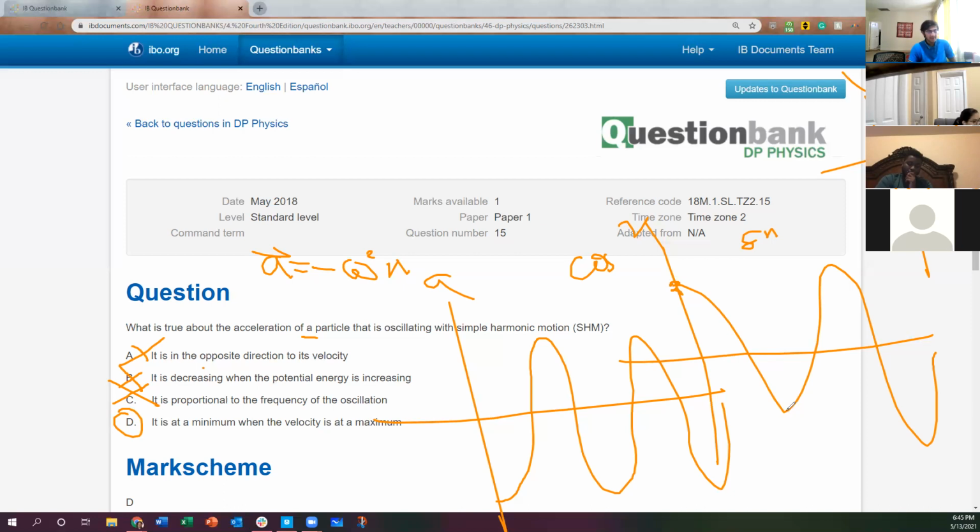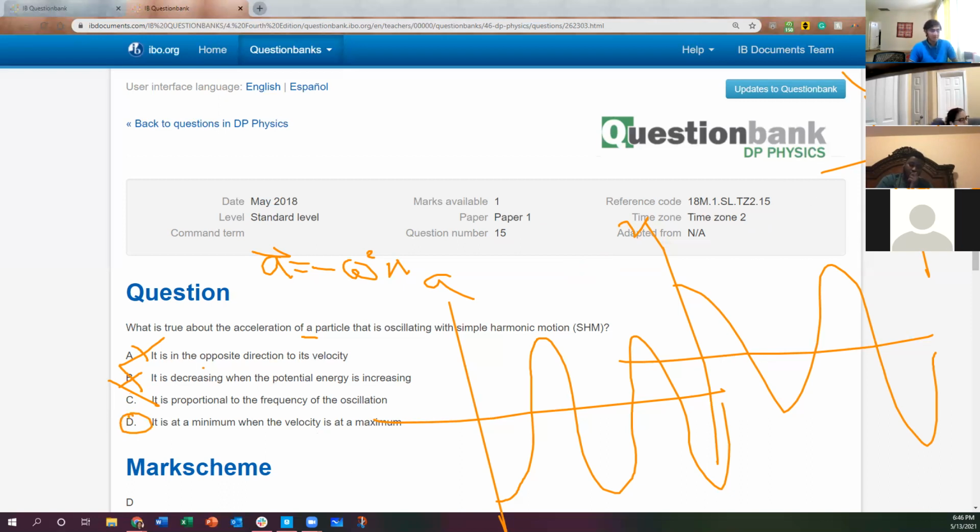Velocity maximum means essentially, wait, what am I drawing? Did I draw the velocity graph properly? The velocity graph should start at 0. Oh, I did. This is velocity. I'm so sorry, that's why this isn't working. Okay, velocity starts at 0. Whenever you have maximum velocity, in terms of magnitude, I would have written speed here. This is kind of a deceptive question.